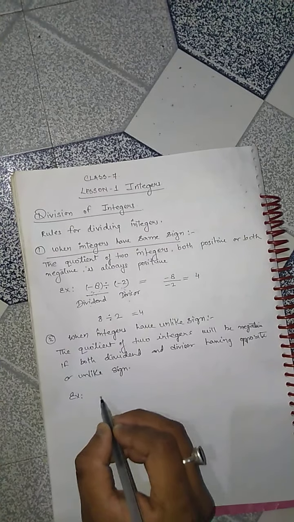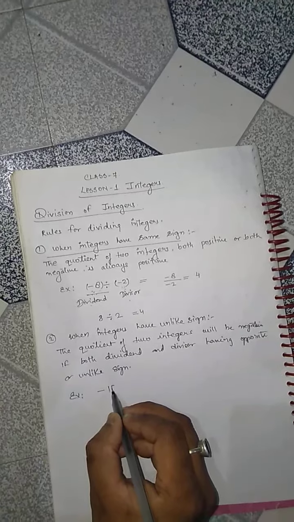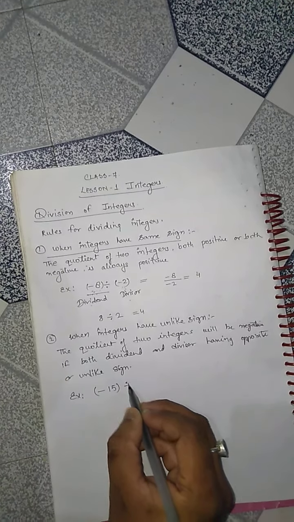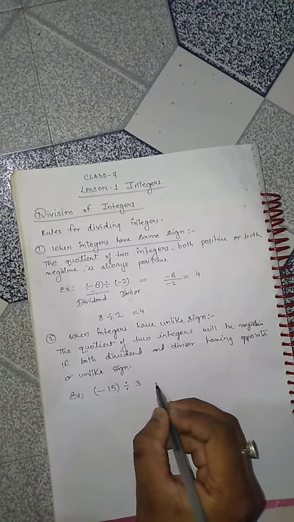Example, minus 15 is going to be divided by 3.